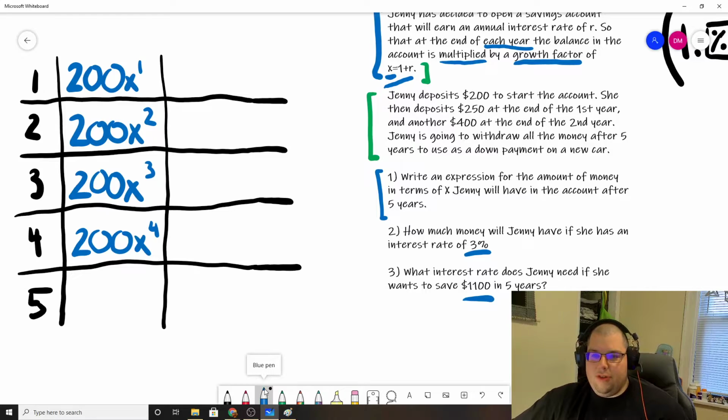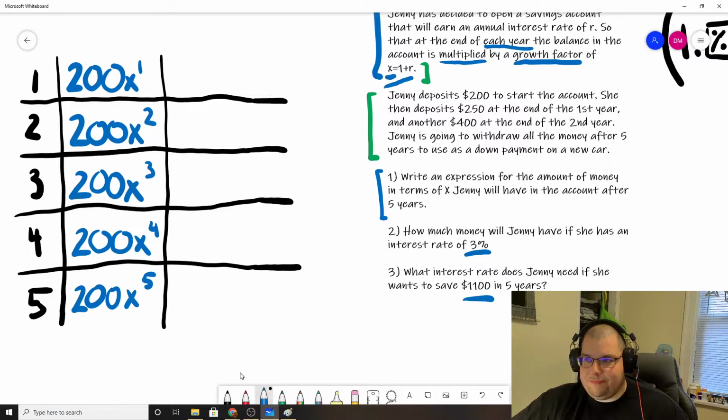So for the 4th year, 200x cubed needs to be multiplied by another x to get to the 4th year. So that's 200x to the 4th. And now to get to the 5th year, we take that 200x to the 4th and multiply it by another x, which gives us 200x to the 5th. And so that takes care of the $200.